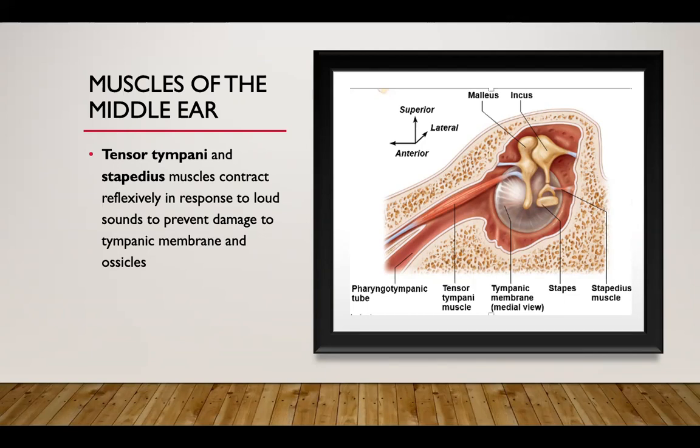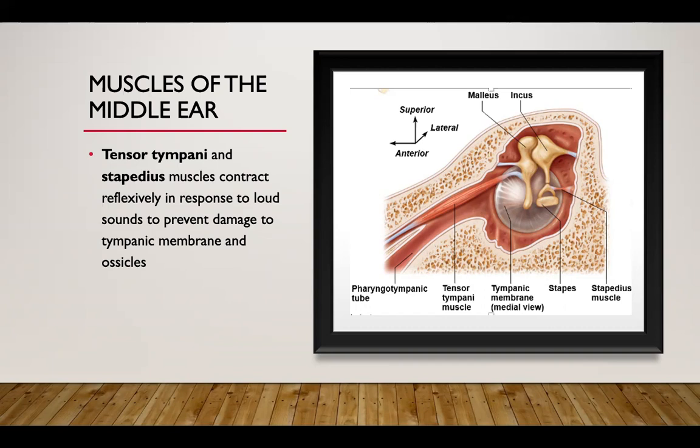Both of these basically come into action within 0.1 second of your ear vibrating beyond the acceptable range, and kind of stabilizing these bones and the tympanic membrane to prevent damage as a result of severe vibrations.